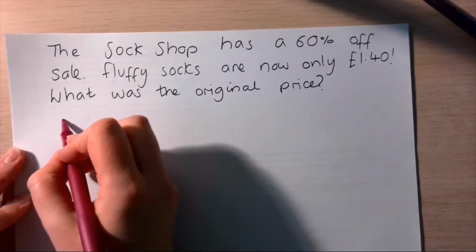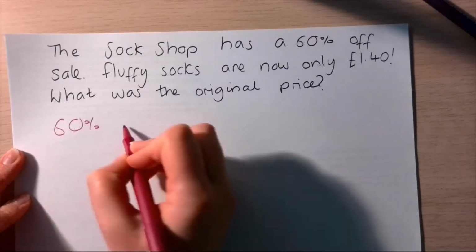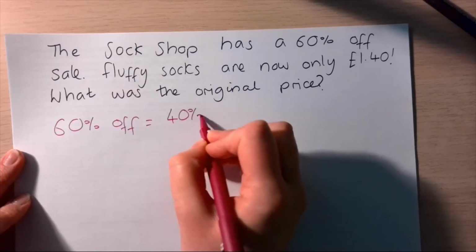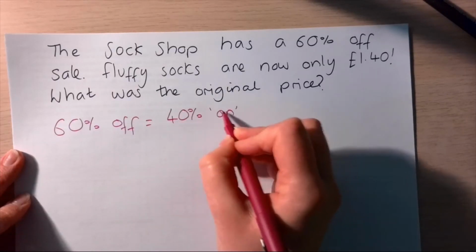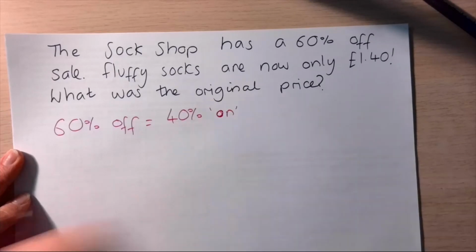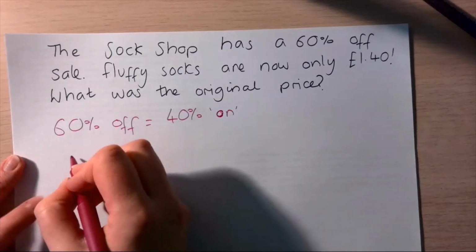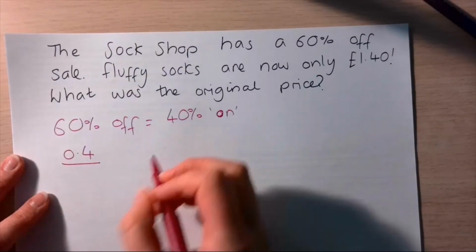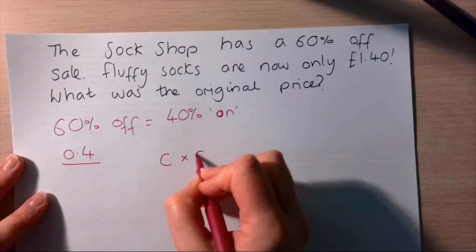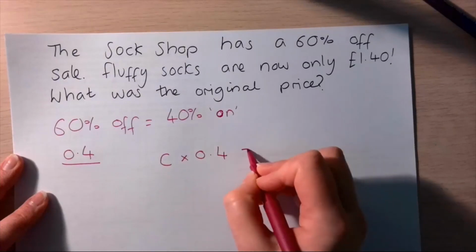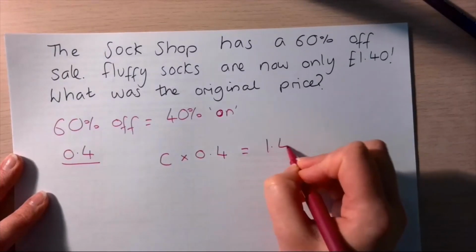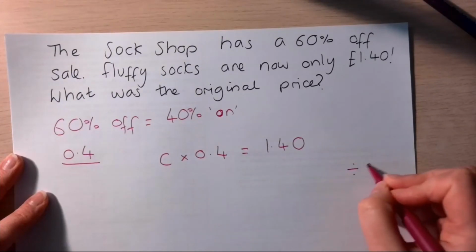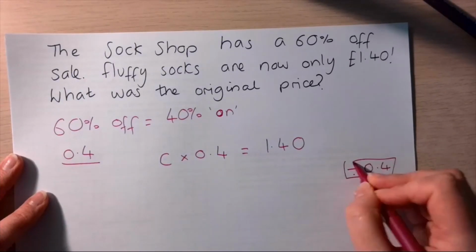So 60% off equals 40% on, a little bit of a turn of phrase there. So our multiplier is 0.4 because that's what we're paying. So C multiplied by 0.4 equals £1.40, and therefore our inverse is to divide by 0.4.